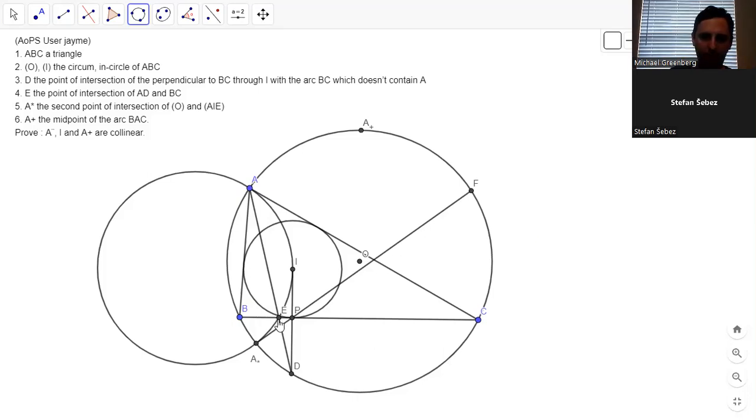So basically, we want to show that angle EPA star is EDA star, which is ADA star. I'm probably just working backwards.